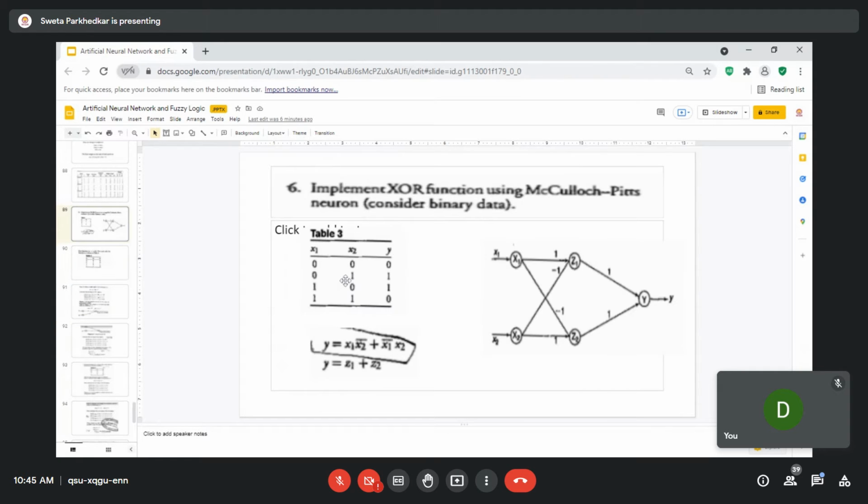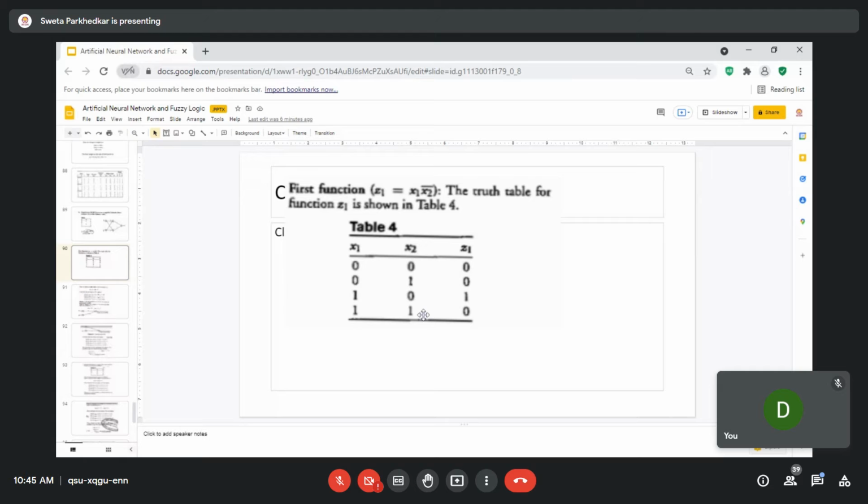ये लिखा आपने? Have you written this one function, first function, using the first function z1 equals to x1 x2 bar, write this table.